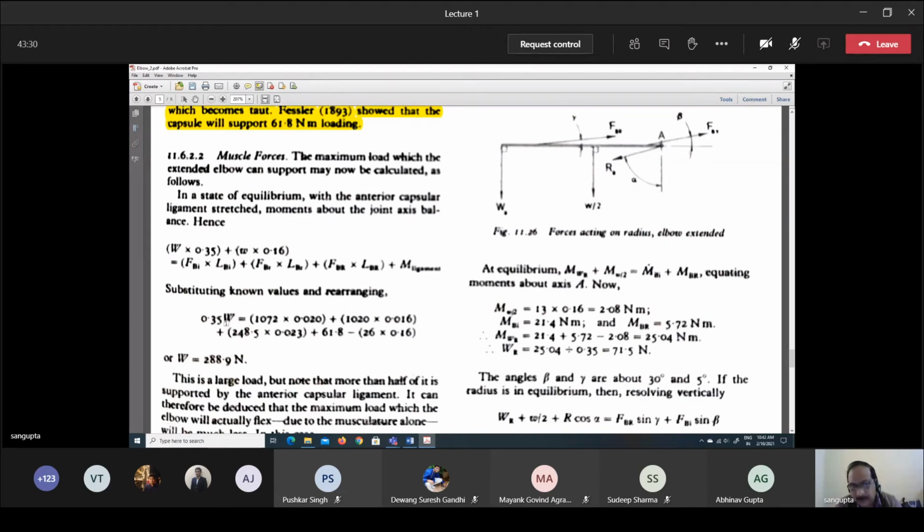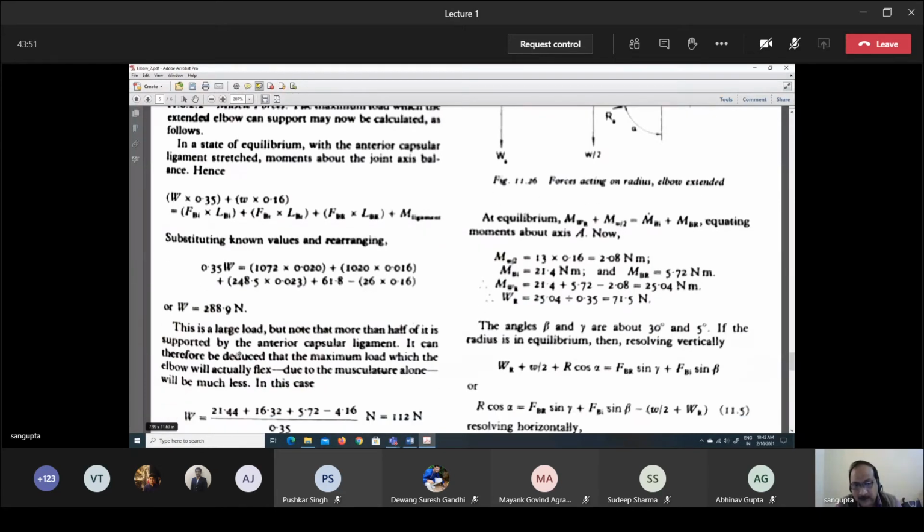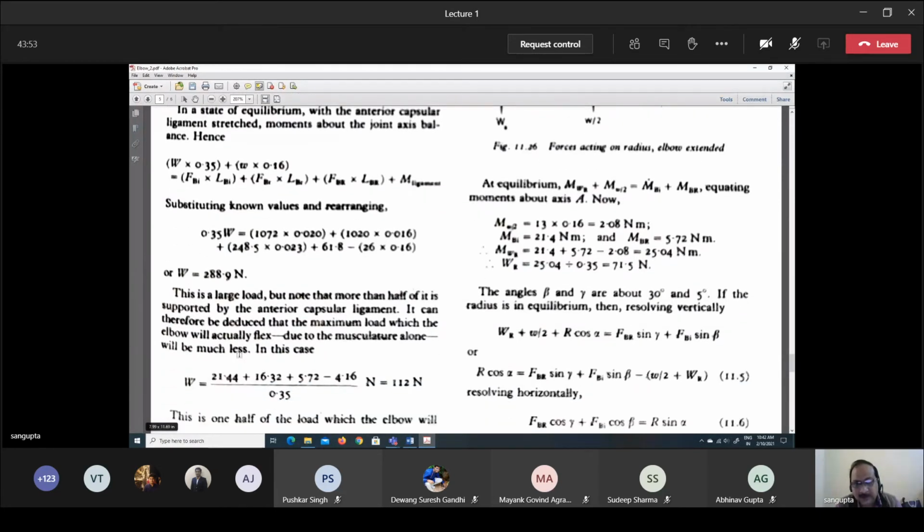So if you divide the whole term by 0.35, the amount of load carried by the ligament is about 176 point something, which is more than half of the total load. The rest of the load is 112.